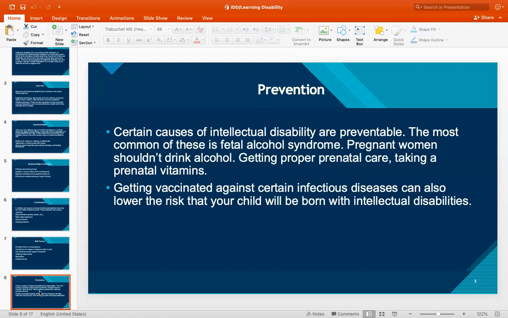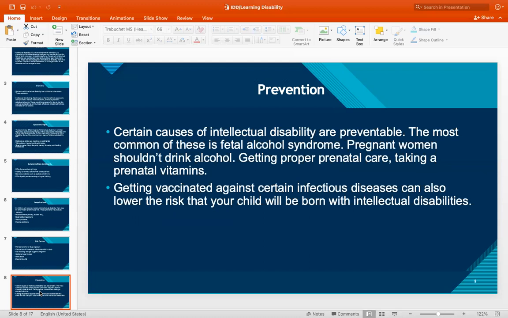Another thing to think about is prevention. There are certain causes of intellectual disability that are preventable, but some of them are just things that happen. So most of the time we're looking at fetal alcohol syndrome. That's definitely something that's preventable. We try to have pregnant women not drinking and getting their proper prenatal care, as well as taking their prenatal vitamins, no drug use or anything like that.